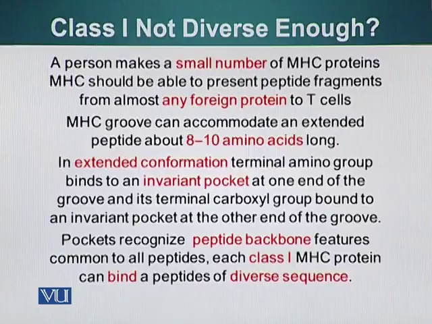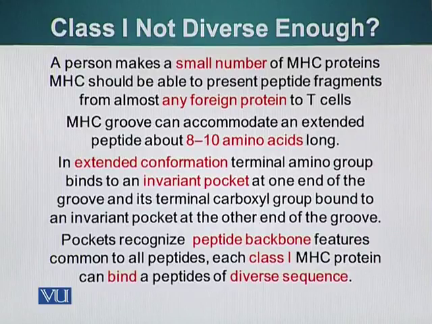A person makes a small number of MHC proteins which are able to present foreign peptides from almost any protein source to the T cells. The groove of class 1 molecules can accommodate a foreign peptide or a self-peptide which is about 8 to 10 amino acids long.